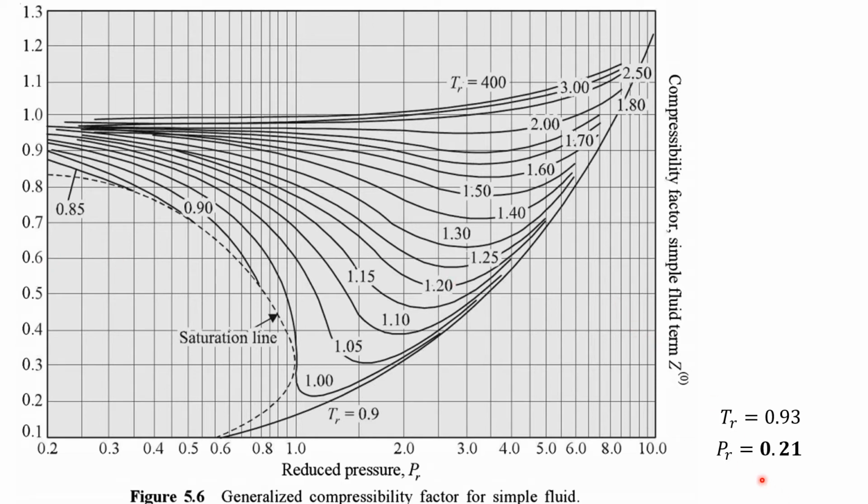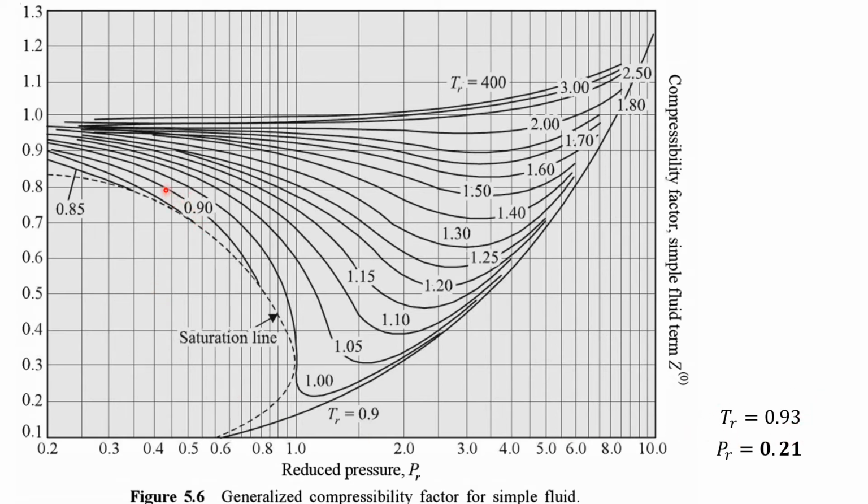So first we will see the Pr point. Pr equal to 0.21. So this is 0.2, so somewhere here it will be 0.21. Then it's 0.93, that is Tr.